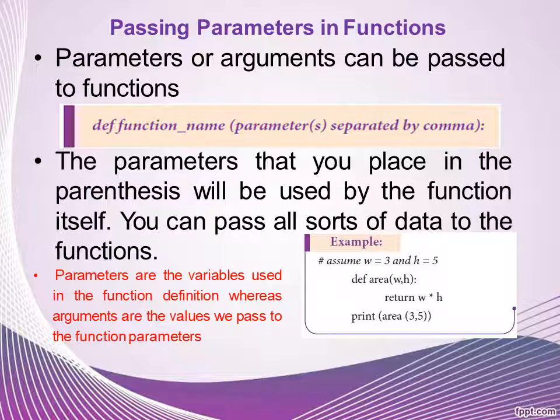So print area, see the print parameters: the parameters I declared are area, separated by comma, so 3 comma 5. So area 3 comma 5 are the parameters, separated by commas.